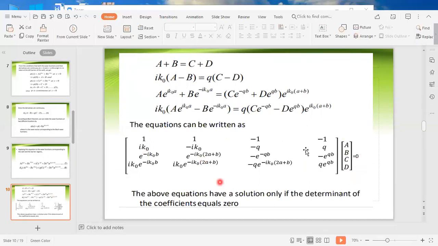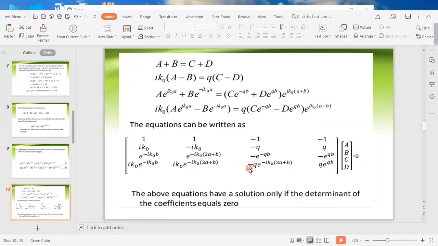Now, the above equations will have a solution if the determinant of the coefficients is equal to 0, which means the equation can have a non-trivial solution when the determinant is equal to 0.